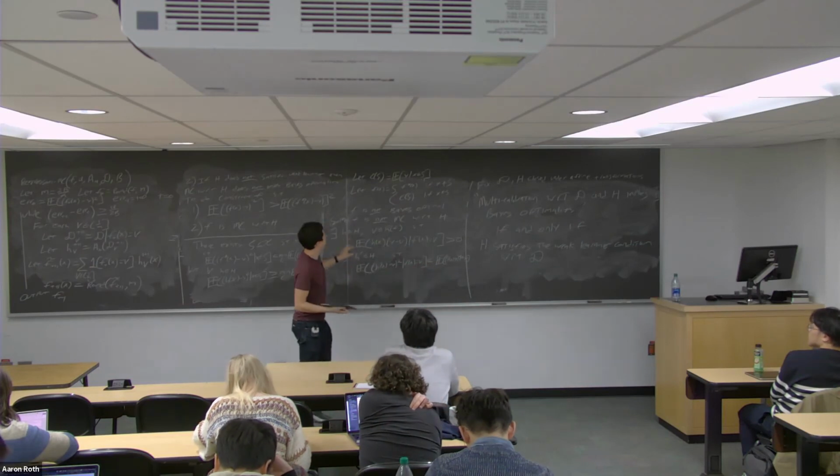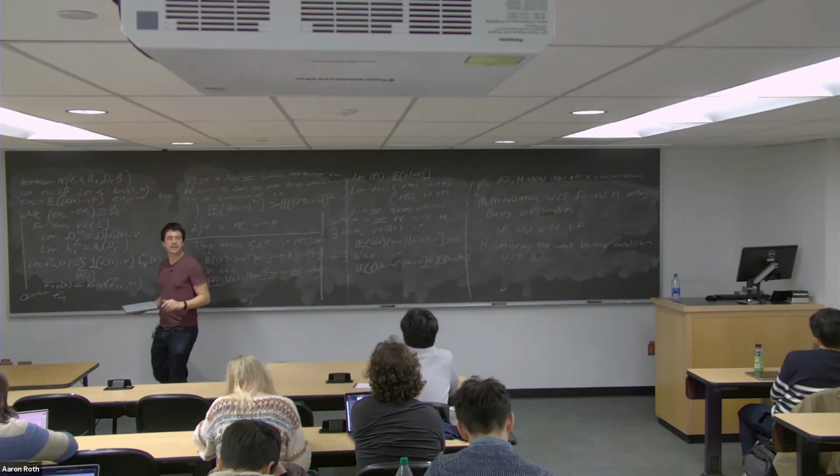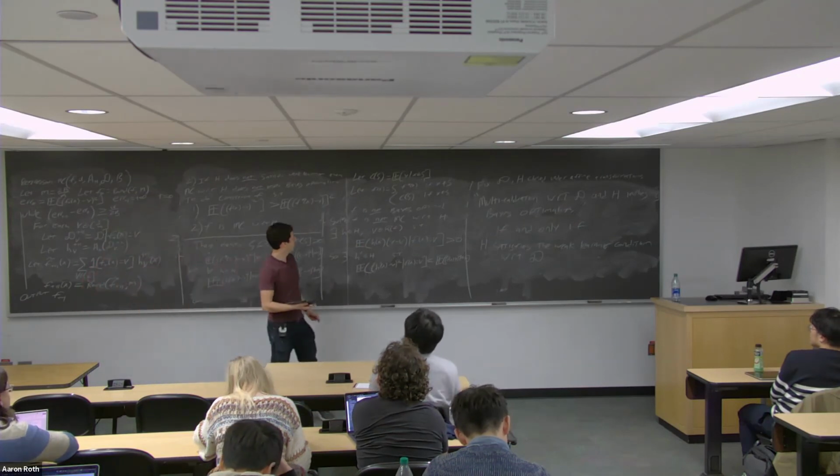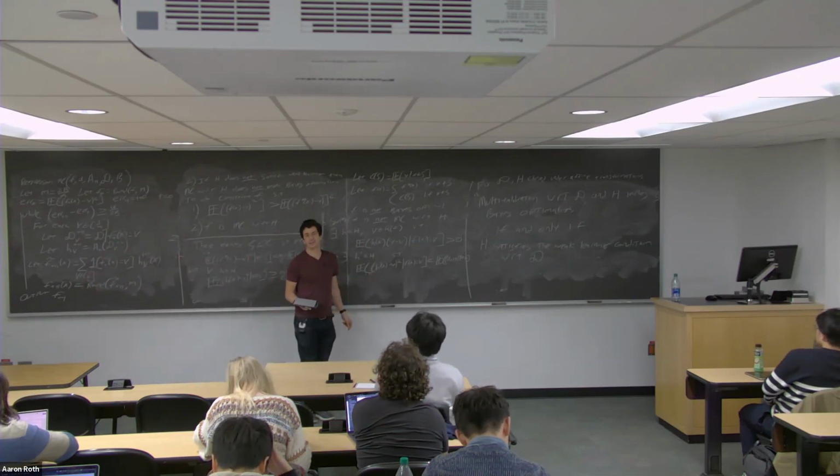Okay, so if there's a failure of calibration, it must be that there's some level set such that we can do a little bit better on that level set using h prime.